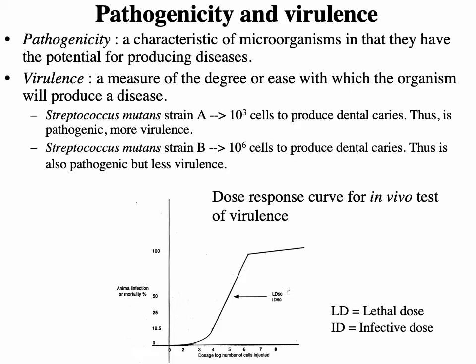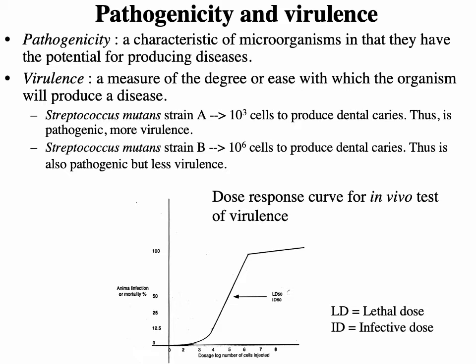Let's say for strain A, you require 10 to the 3 bacteria to produce dental caries. So it is able to produce dental caries, therefore pathogenic. It has that characteristic. And then strain B requires 10 to the 6 cells, a lot more cells, to also produce dental caries.